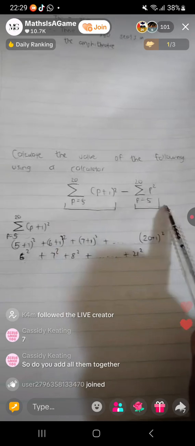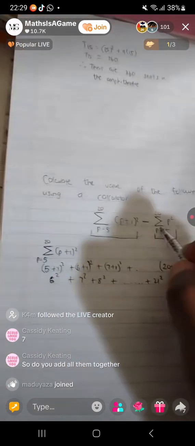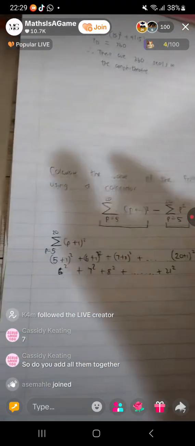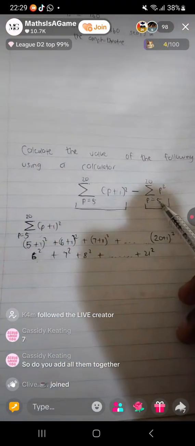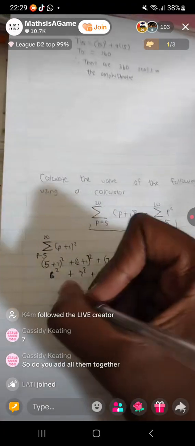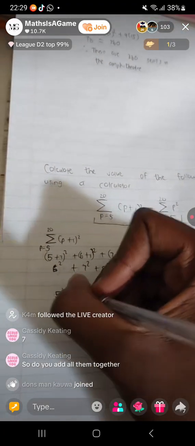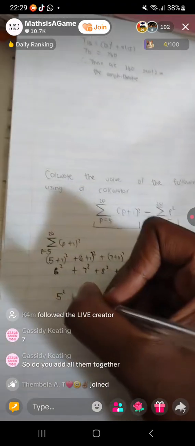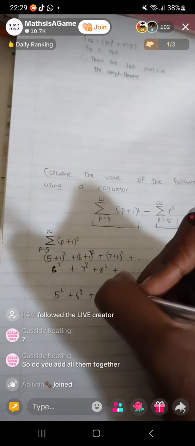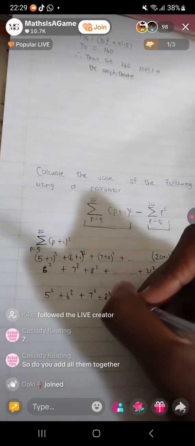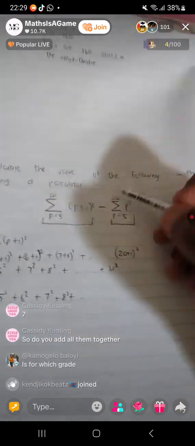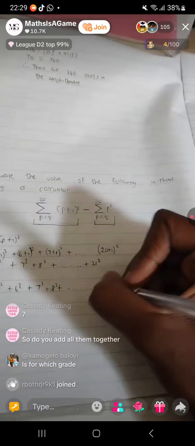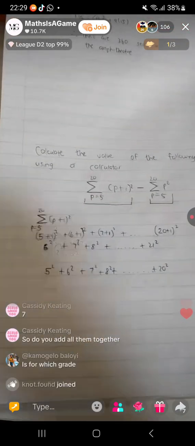Let's check out this one. This one we know is going to be, as we see with the other one, 5 squared, because here we are substituting 5 squared followed by 6 squared followed by 7 squared followed by 8 squared. But you get the point, guys. What is our last? When we substitute our last, that's going to be 20 squared.